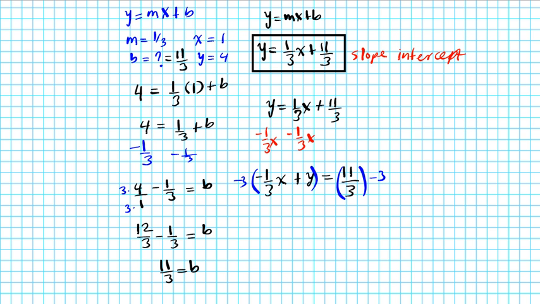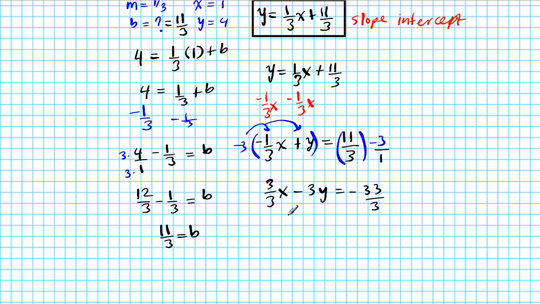All right, so if you distribute this 3 to both terms, we're going to have negative 3 over 3 x. Actually, the minus and the minus makes that a plus, because it's 3 over 3 x minus 3y equals negative 33 over 3, because I can put this over 1 and then just multiply across, right?